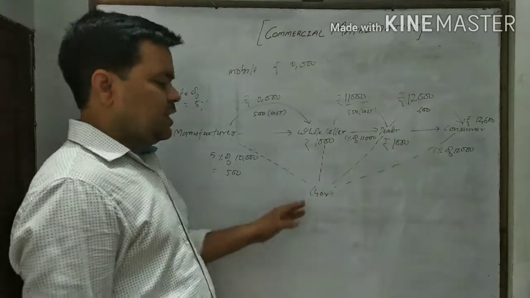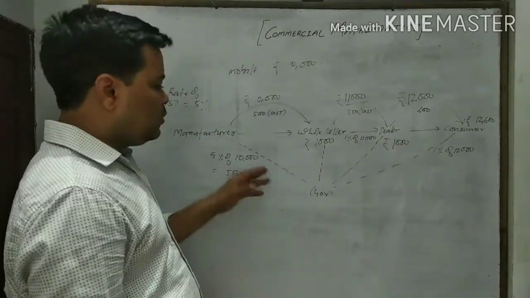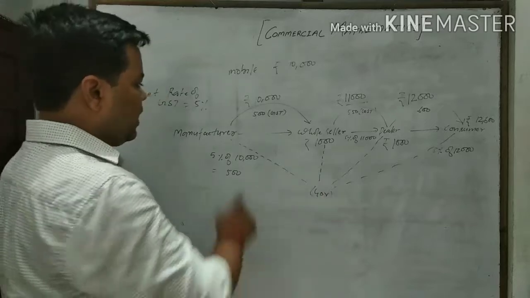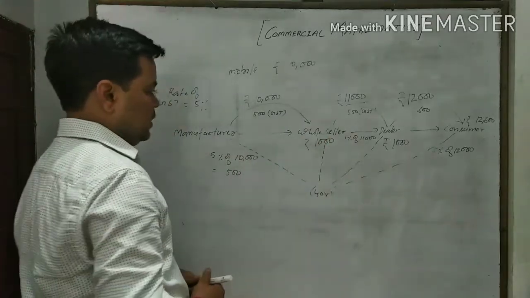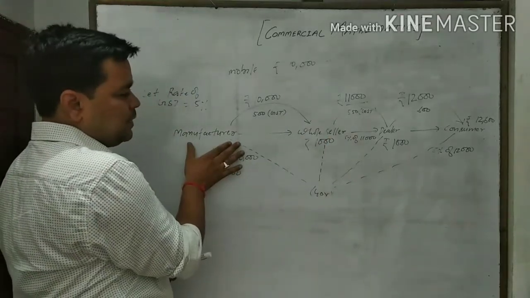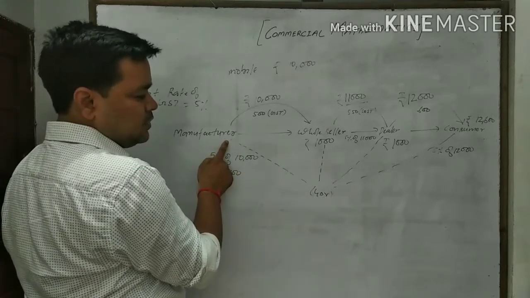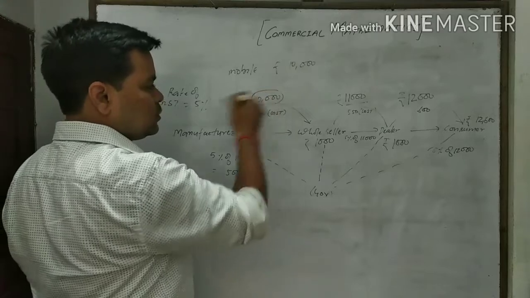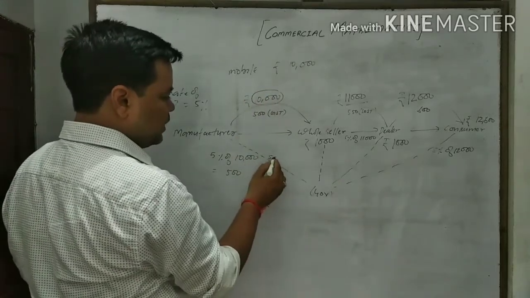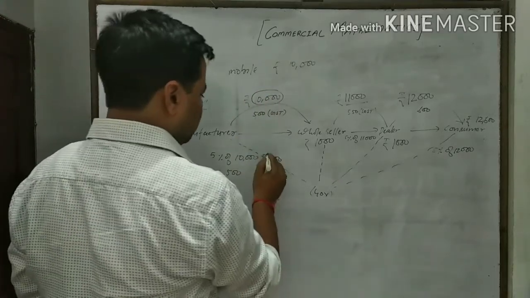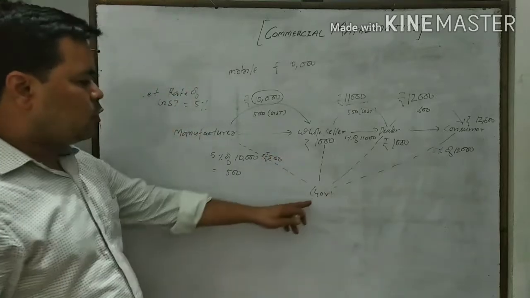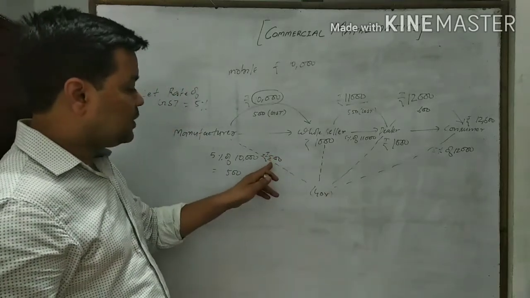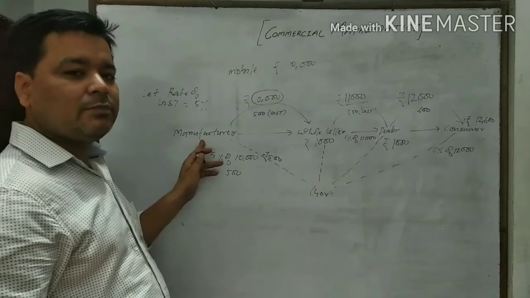Now let us try to understand how the GST is collected at every stage. Look here. The manufacturing company will give their GST to the government on 10,000 rupees, so it will be 500 rupees. The government will collect 500 rupees from the manufacturing company.